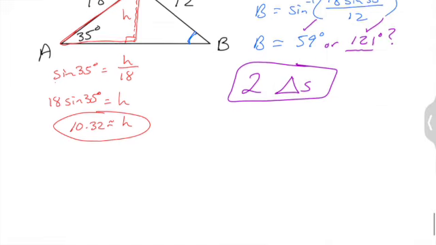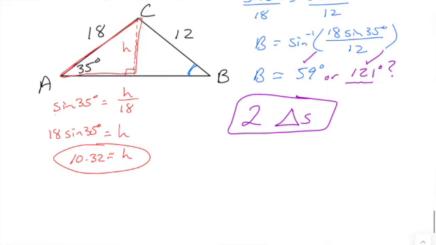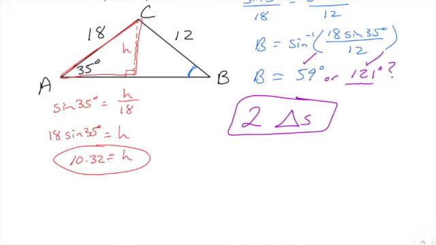So let's think about the geometry of what this means. If that altitude is about 10.32 and this third side is 12, that means it's longer than that 10.32. So if I were dangling this side of 12 straight down, it's longer than 10.32.